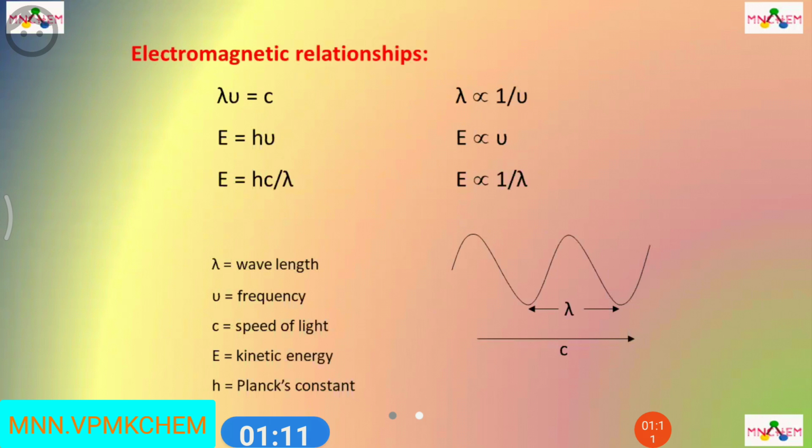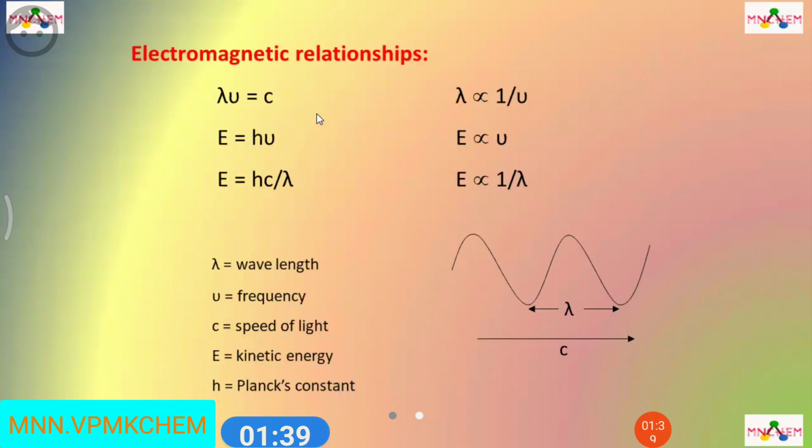When we talk about a few important relationships of a wave and its terms, we all know that lambda represents the wavelength, mu represents frequency, c is the speed of light, E is energy, and h is Planck's constant. So we have the universal equation E is equal to h mu, and then we have these different relationships.